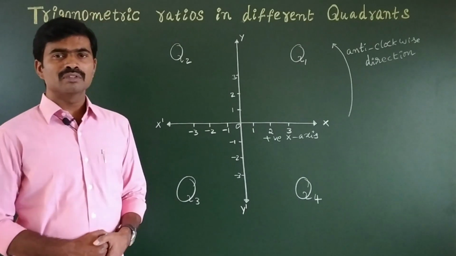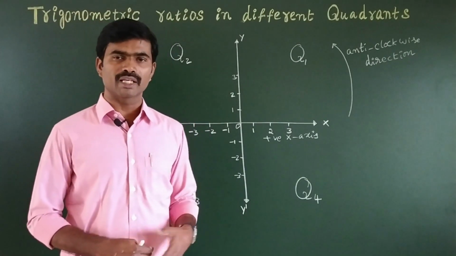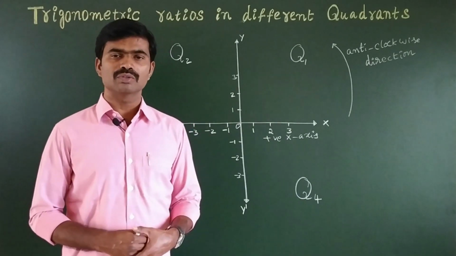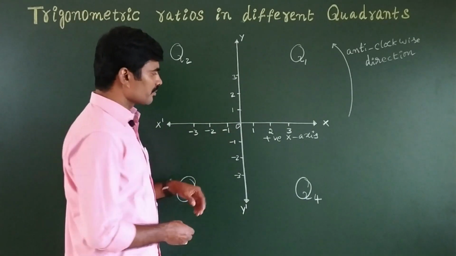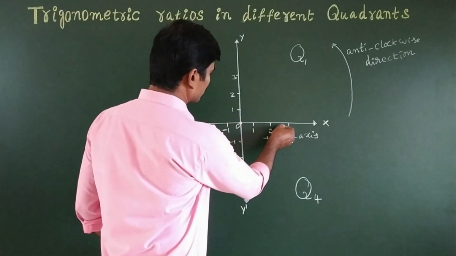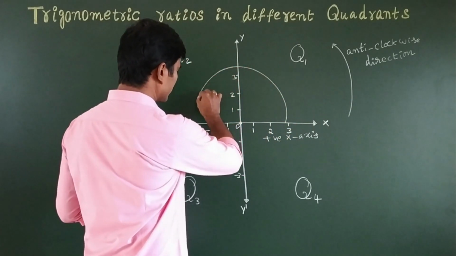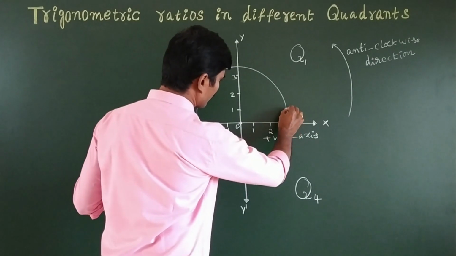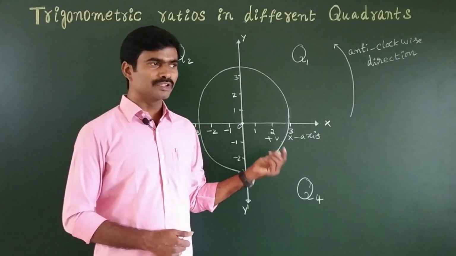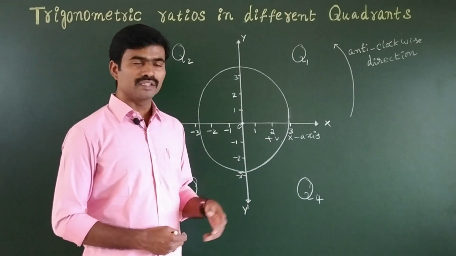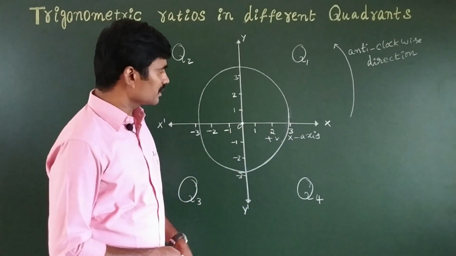To find the trigonometric ratios for specific angles like 120 degrees, 210 degrees, 300 degrees, first we have to draw a circle with the origin as center. To find the signs, positive or negative, in different quadrants, first we go to the first quadrant.